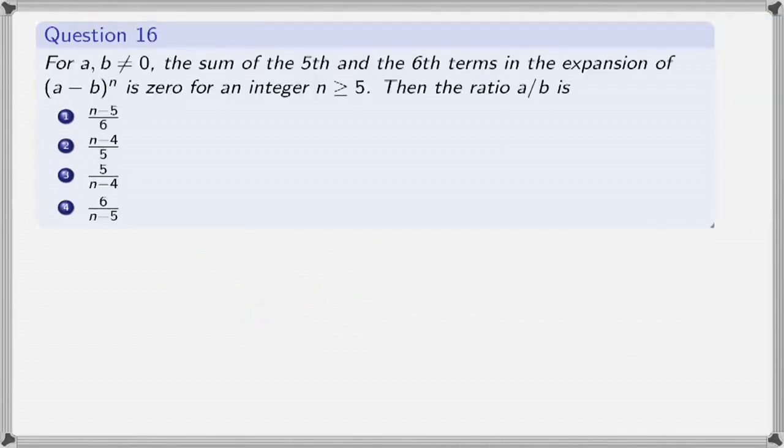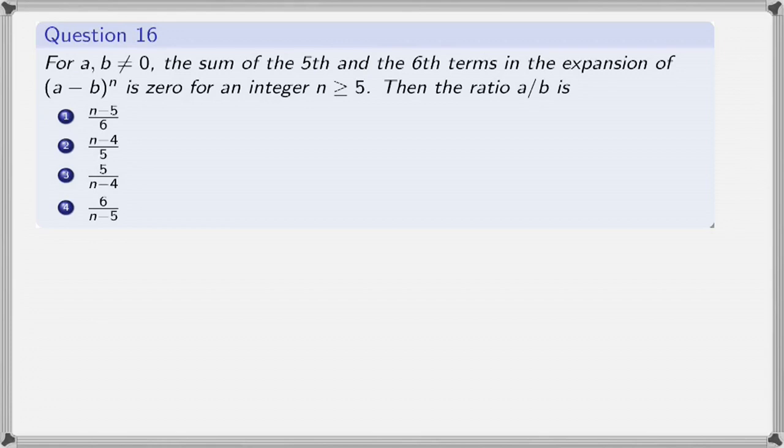Let us now look at this question. For two non-zero numbers a and b, consider the binomial expansion of (a minus b) whole to the power n for an integer n which is bigger than or equal to 5. We are given that the sum of the fifth and the sixth terms in this expansion is 0. We have to then find out the ratio a by b.